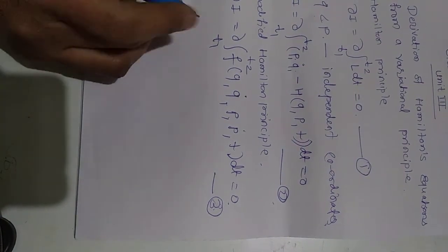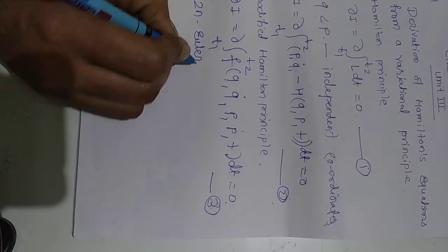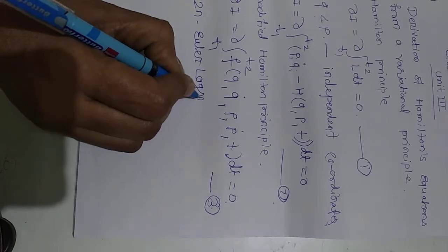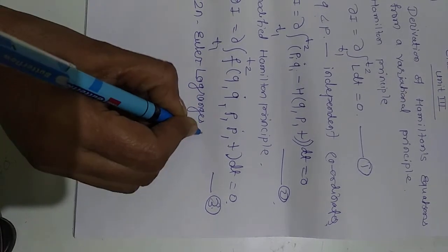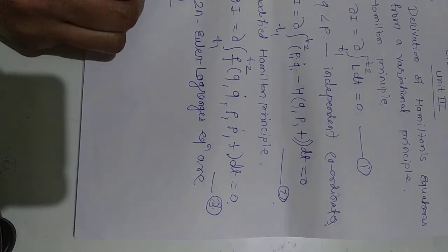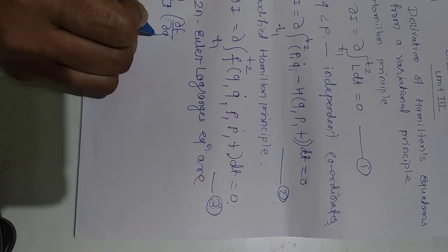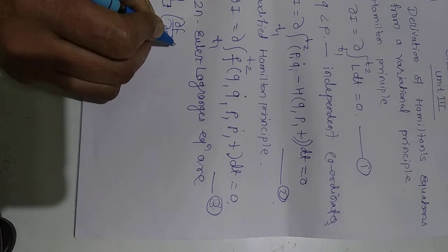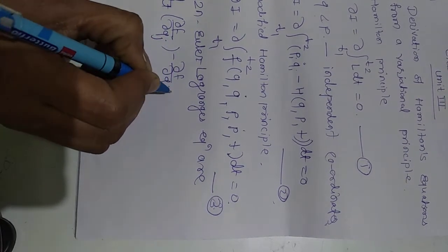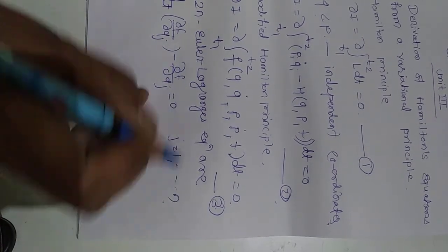For this, the 2n Euler-Lagrange equations are: d upon dt into del f upon del qj dot minus del f upon del qj is equal to 0, where j is equal to 1 to n.